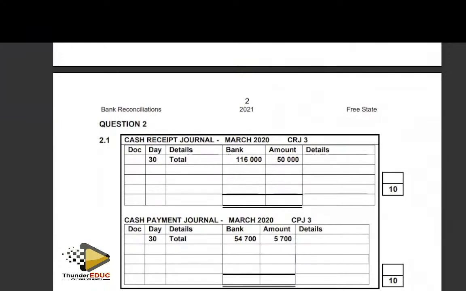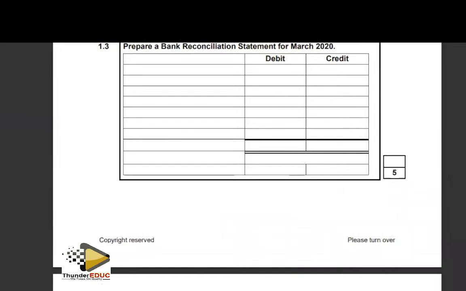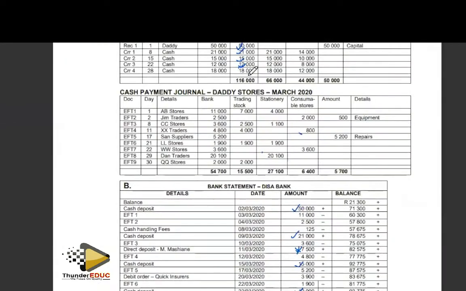Where is it? No, there is our bank reconciliation statement. Sorry, here. So which means even we have not seen the 18,000, which is this.